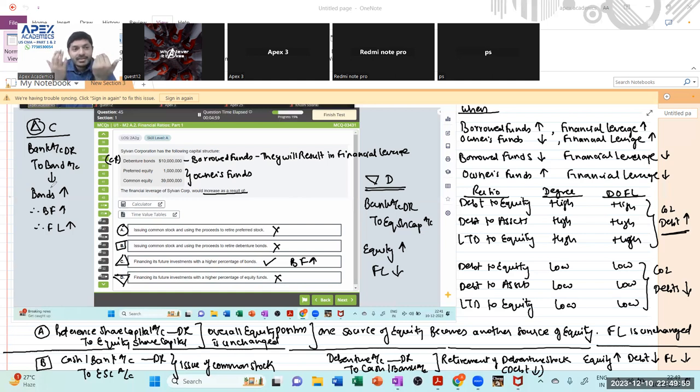Borrowing will increase. The financial risk will increase. If the financial risk is increasing, the financial leverage will also increase. How do I raise money by the bond? I issue the bond. Bond is a liability. Liability will have a credit balance. Debit what comes in? Cash bank account debit to bond account. Agreed? 100%?